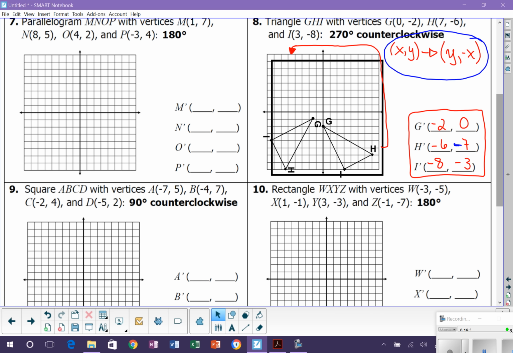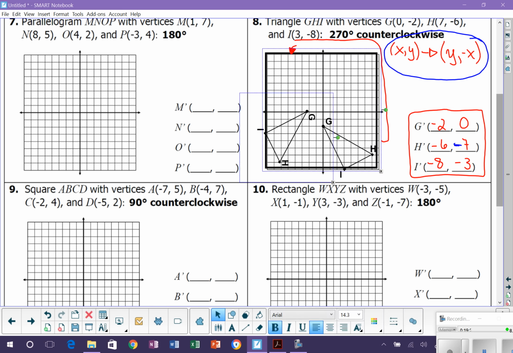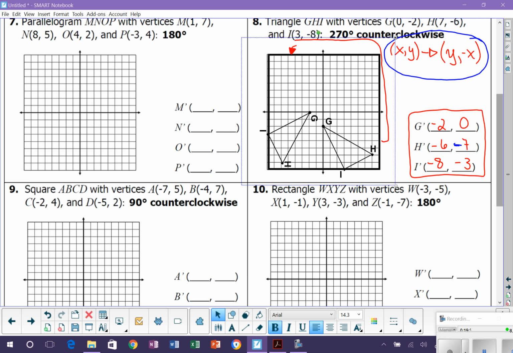So I did the tracing of the box again. And it ends up working right. So there's negative 2, 0, negative 6, there's 2, 3, 4, 5, 6, 1, 2, 3, 4, 5, 6, 7.